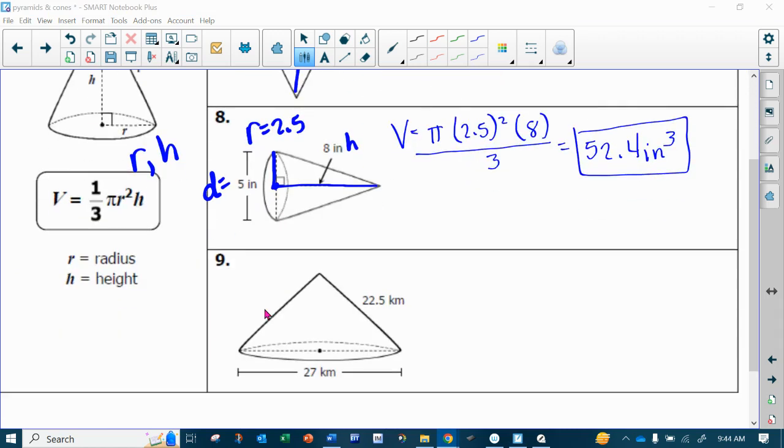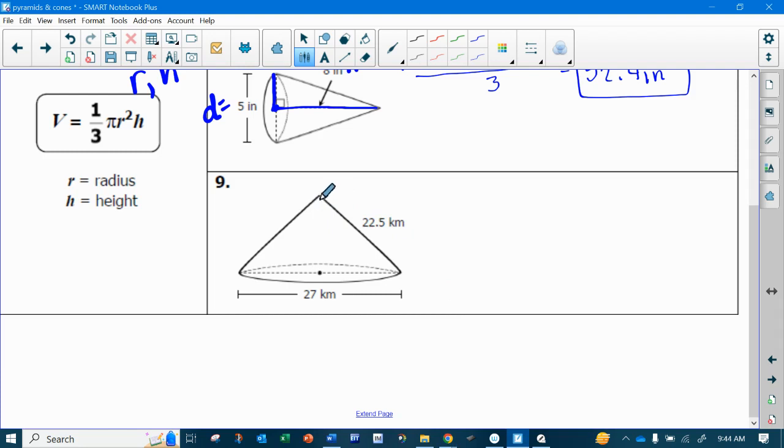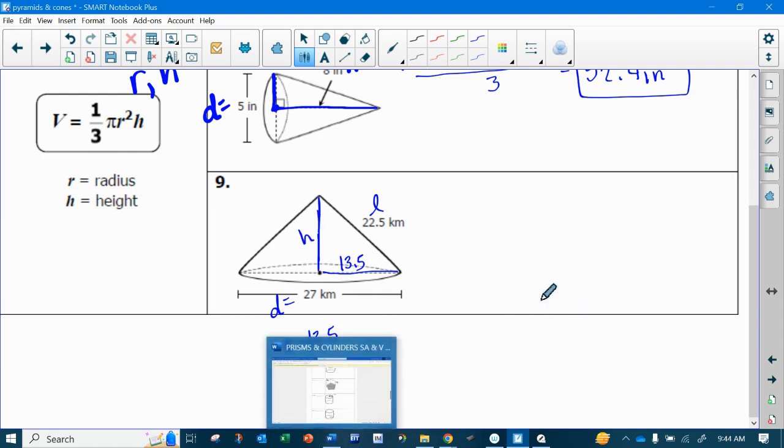All right. On this one, they did not give us the height, and we need the height. But they did give us the slant height, and we can find the radius, because if my diameter is 27, then my radius is half of that, so my radius is 13.5. So I am going to do the Pythagorean theorem so that I can find the height.